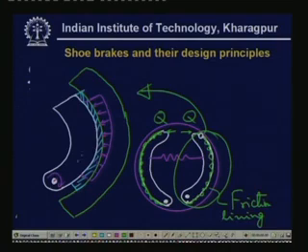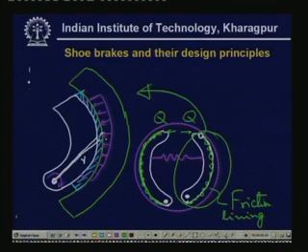Now, if the deformation is more over here, then we can find out the pressure distribution as follows. Let us consider a small element here, and a small rotation, let us say gamma.